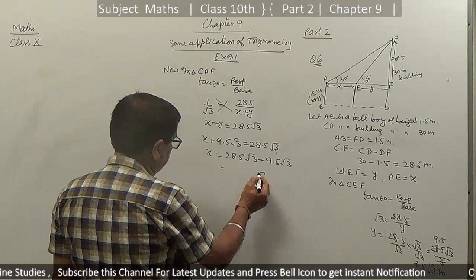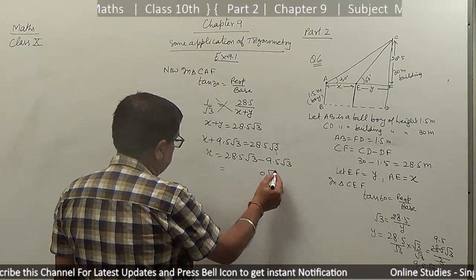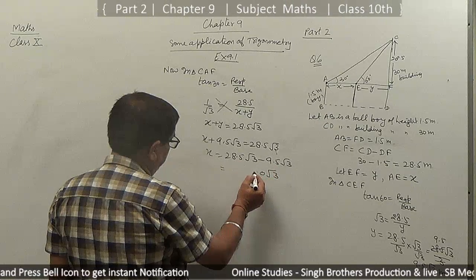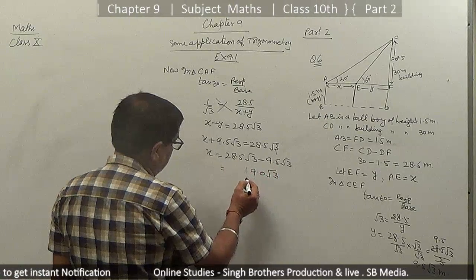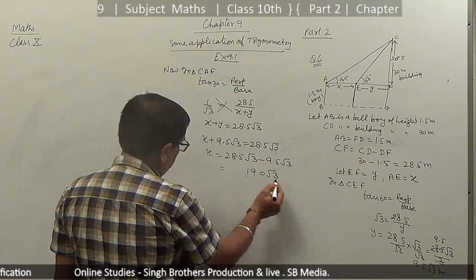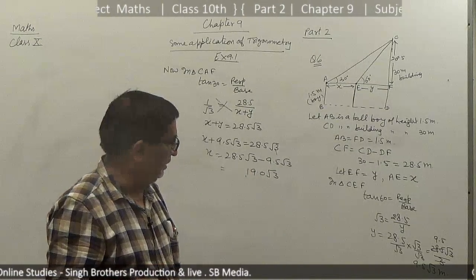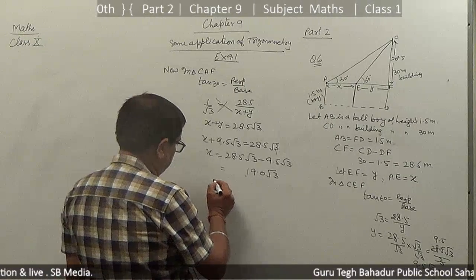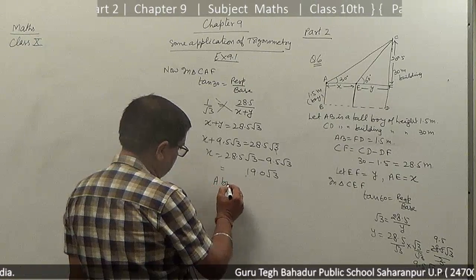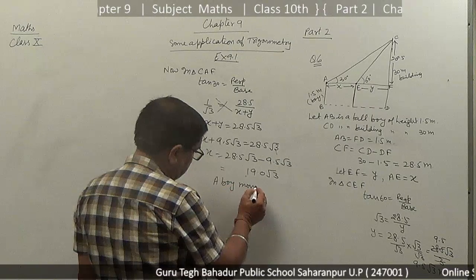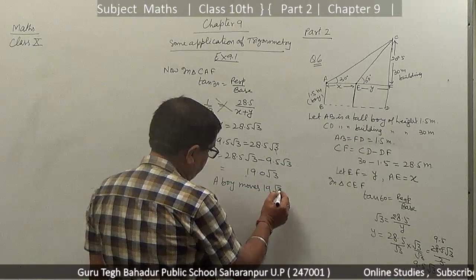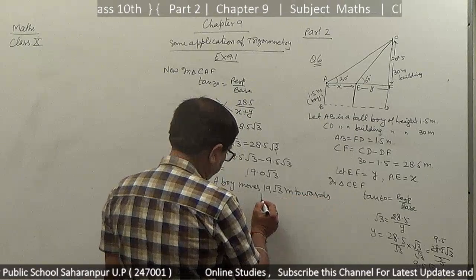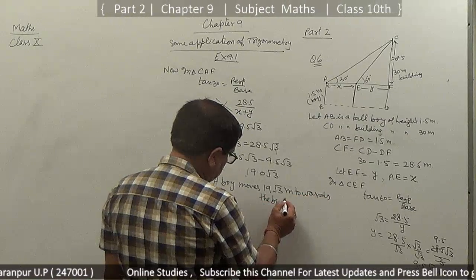So 28 minus 9, that is 19 root 3. So we can say the boy moved 19 root 3 meter towards the building.